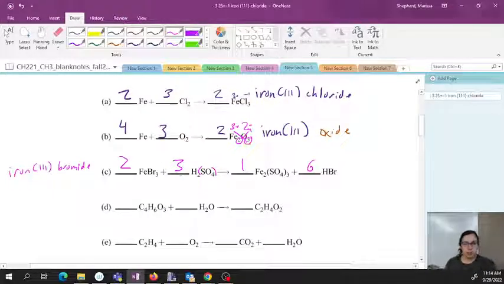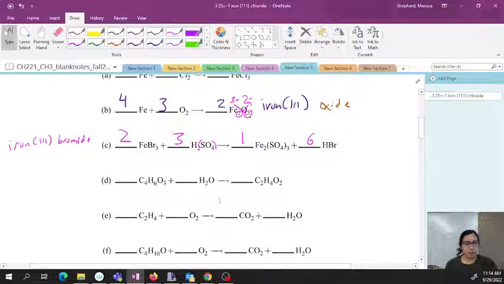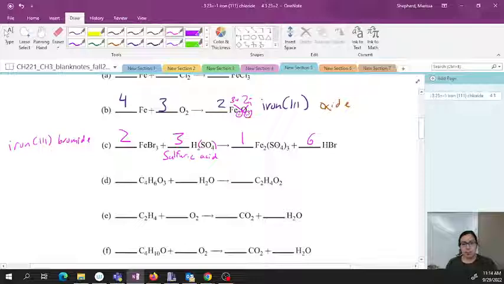Plus, and then I'll give you this one. We haven't covered naming polyatomics yet, hopefully I wasn't supposed to cover that. But this polyatomic is called sulfate. And this is actually special because it's an acid. So this H2SO4, does anybody happen to know what this is? Sulfuric acid. Nice. Then what would be the oxidation state of this iron?